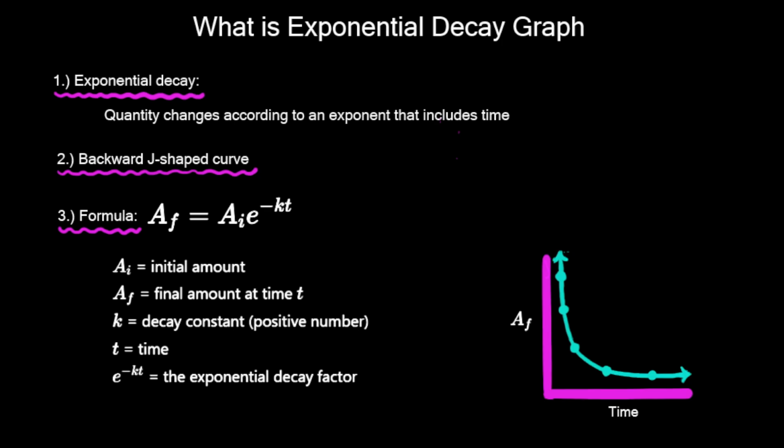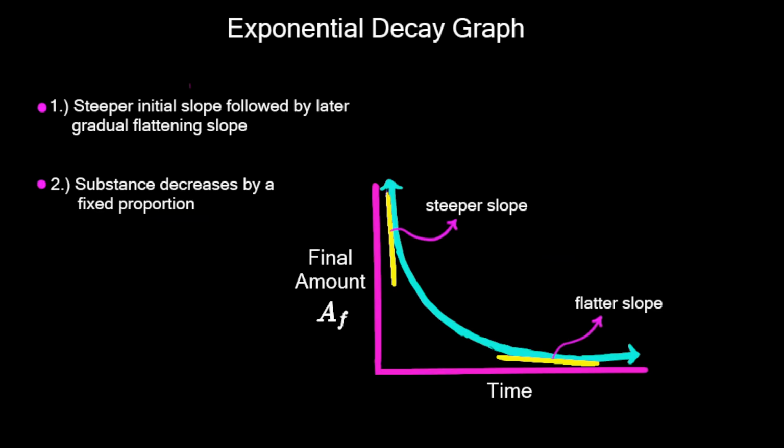AI is the initial amount of the substance, AF is the final amount of the substance, k is the decay constant, which usually has a positive value, t is the time elapsed, e to the power of negative k times t is the exponential decay factor. The negative sign in the exponent, minus kt, tells us that the quantity is decreasing, which matches the downward shape of the graph.